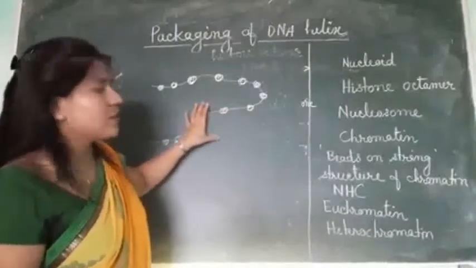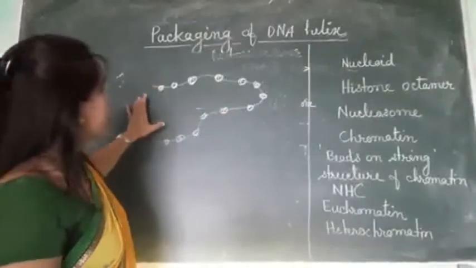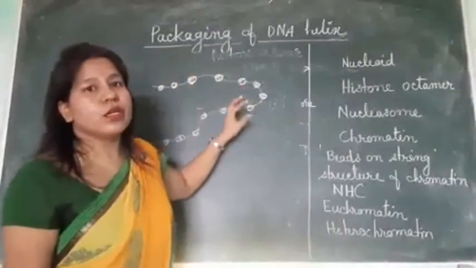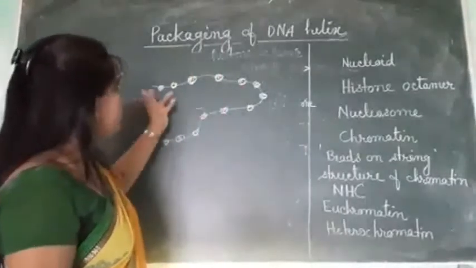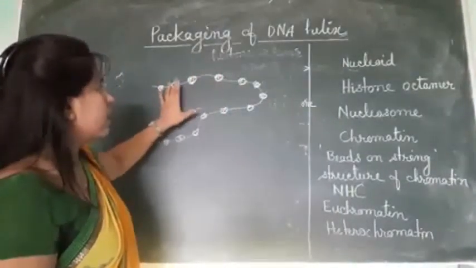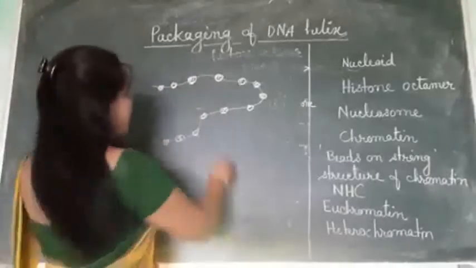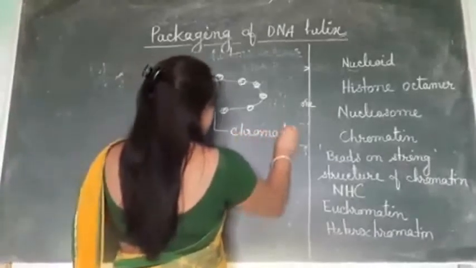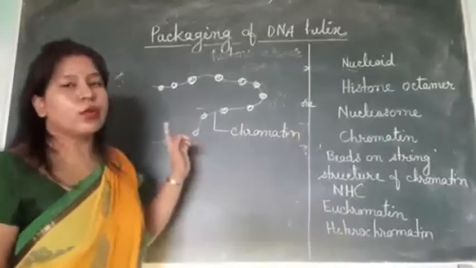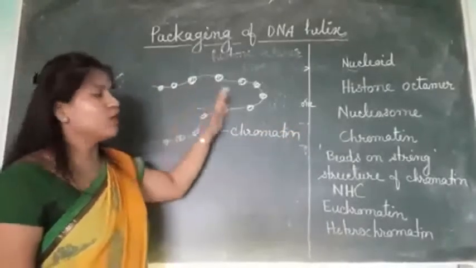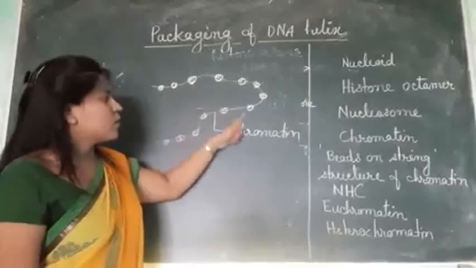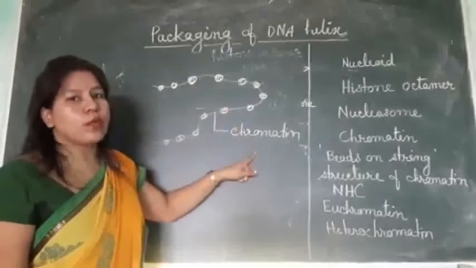So that's why it is called stain structure. So in eukaryotic nucleus, the nucleosomes form repeating unit to form a thread-like stain structure, and this thread-like stain structure is called chromatin. I repeat the sentence. Nucleosomes constitute the repeating unit inside the nucleus to form a thread-like stain structure which is known as chromatin.